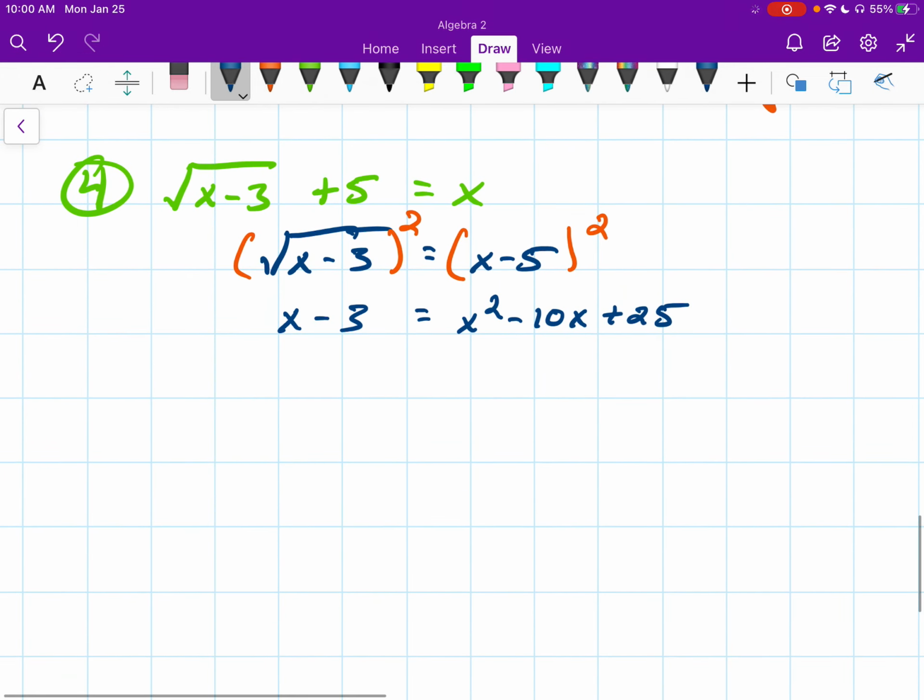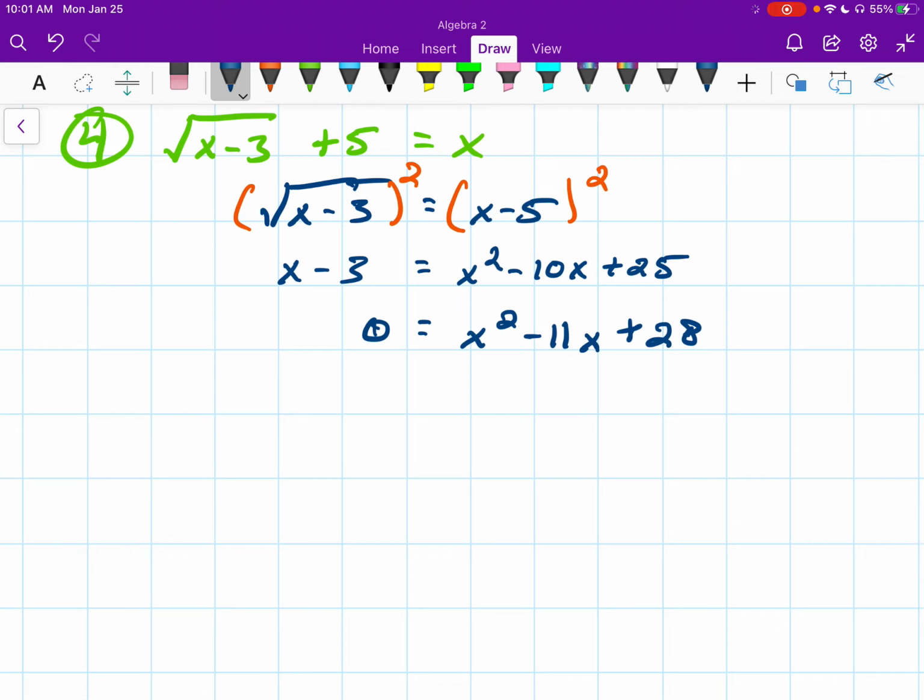It's a quadratic equation, and to solve the quadratic, we normally like to get one side equal to 0. To keep my x squared term positive, I'm going to subtract everything to the right side. So 0 equals x squared, then I subtract an x, so it'll be minus 11x plus 25, 26, 27, 28.